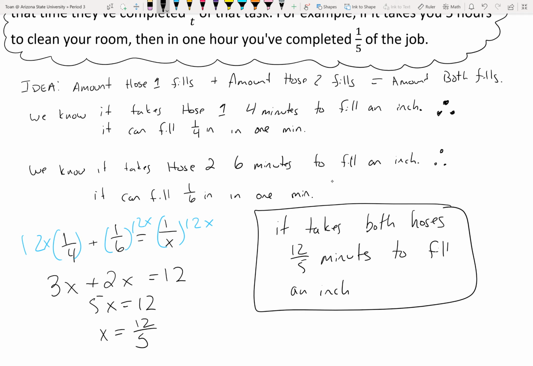So work problems are very, very classic. If you know the total amount of time, then they complete 1 over the total in a unit of time. If you have multiple things working together at the same time, you add their rates and set it equal to 1/x.